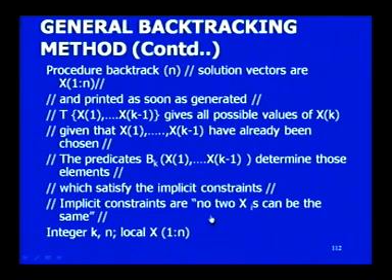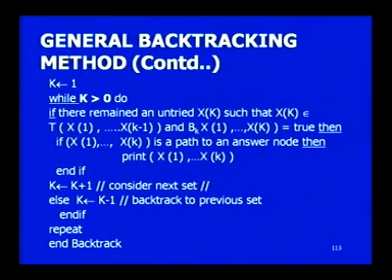One constraint is that no two xi can be the same. So, my algorithm becomes like this: k equal to 1, I am checking k is greater than 0.